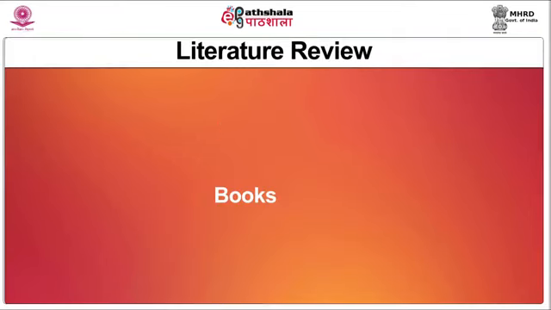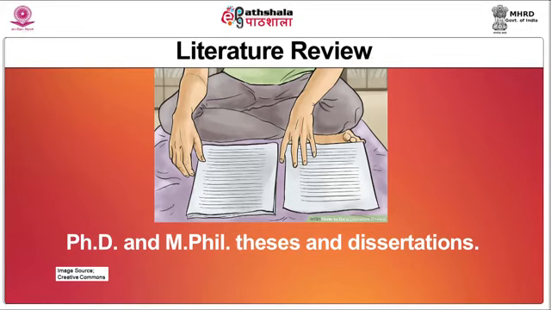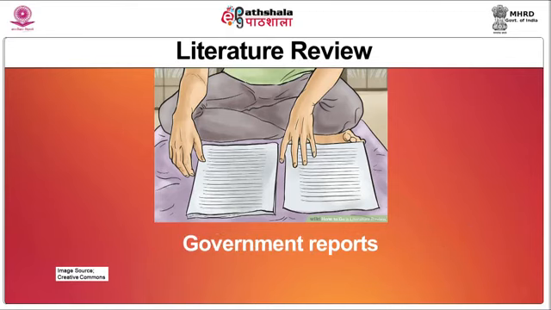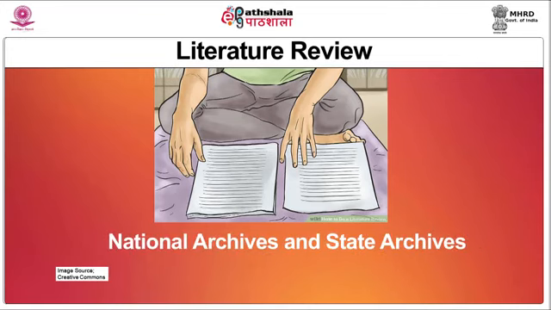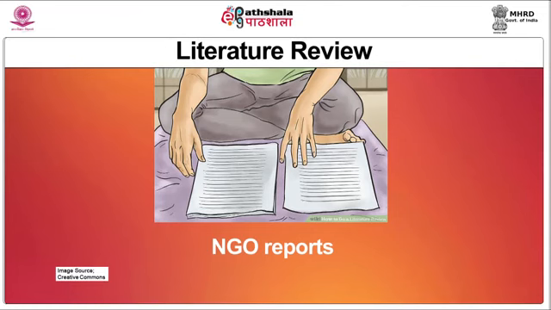Even though it depends on the nature of the study, let us discuss some of the commonly known sources of literature as follows: books, book chapters, research journals, PhD and MPhil theses and dissertations, government reports, historical records, that is, in reference libraries, national archives and state archives, NGO reports.